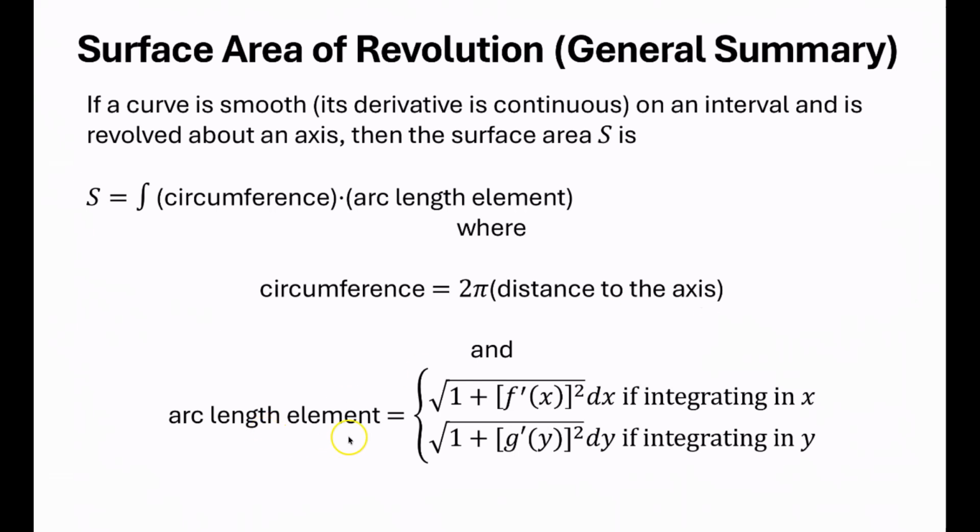And then of course that arc length element is the square root of 1 plus f prime of x quantity squared dx, or the same thing with functions of y, dy. We use x's if we're integrating in the variable x and y's if we're integrating in the variable y. So this is sort of just a really general type of summary. The main piece here is that the circumference is that distance to the axis that we're rotating around.